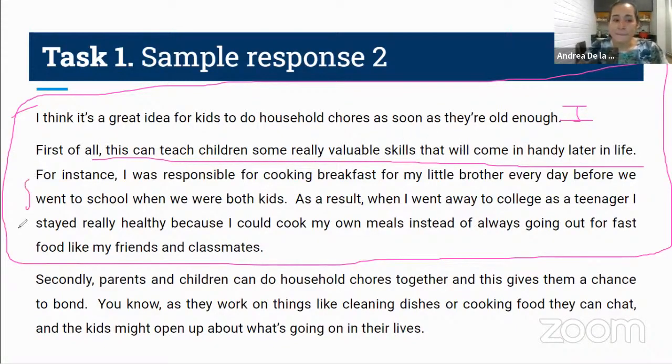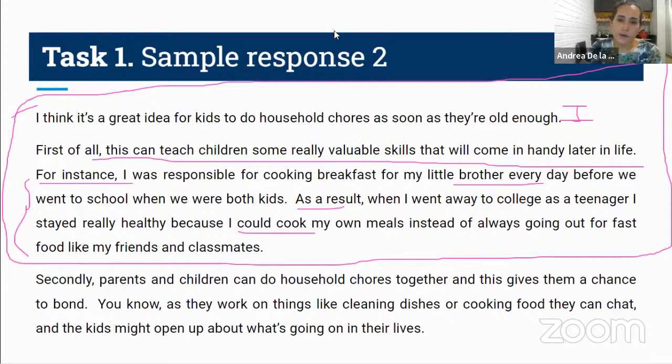And you need an example that has enough details and that is coherent and it is illustrating your reason, that is well connected, and if you can, that has good grammar and a variety of grammar structures, okay? That's what you need to have at top score. You need your introduction, you need your reason, and you need your details or your example with details. That's all you need, and it has to go in that order.